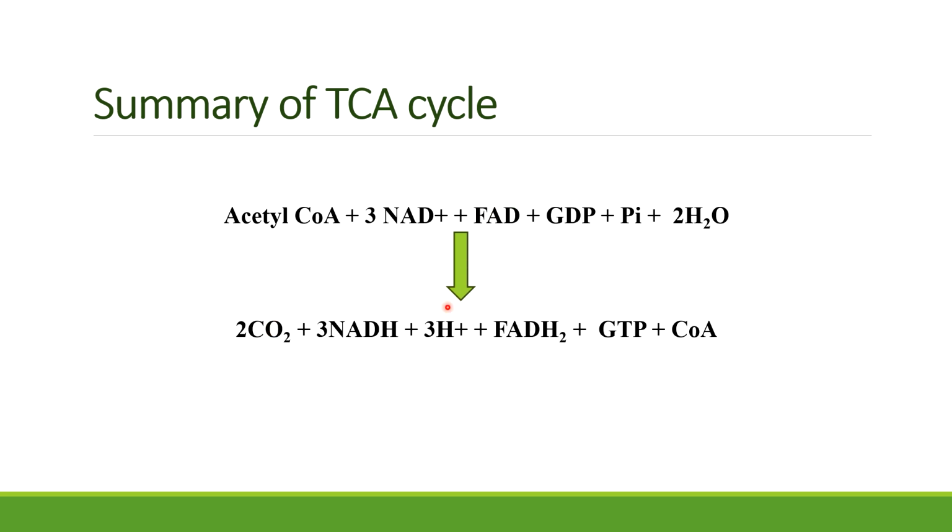This will result in the formation of 3 molecules of NADH, 1 molecule of FADH2 and 1 GTP molecule. You see that the carbon is totally oxidized to carbon dioxide. The GTP which is produced is again converted to ATP.